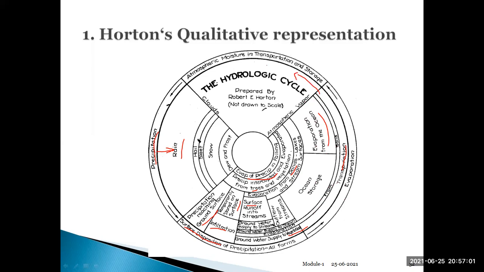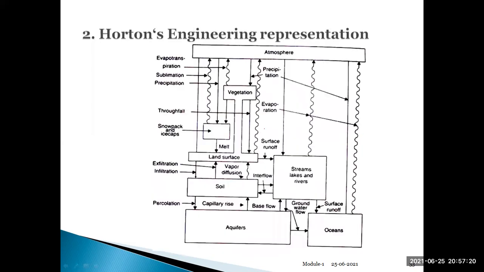It will evaporate again, and precipitation will occur. So this pictorial representation is a qualitative representation of the hydrological cycle, where you can get a clear and complete picture of the Horton hydrological cycle.